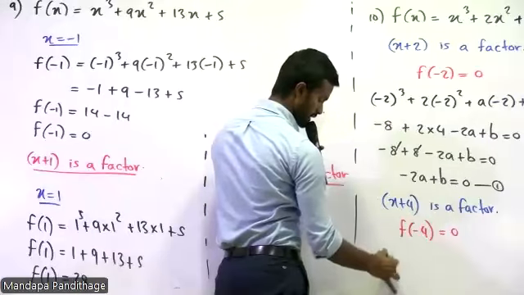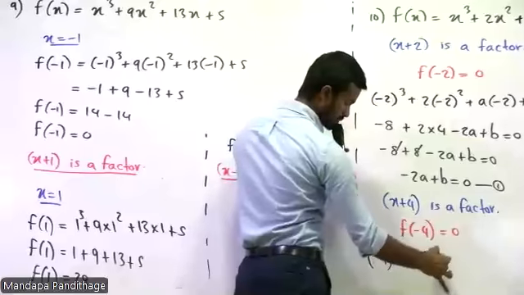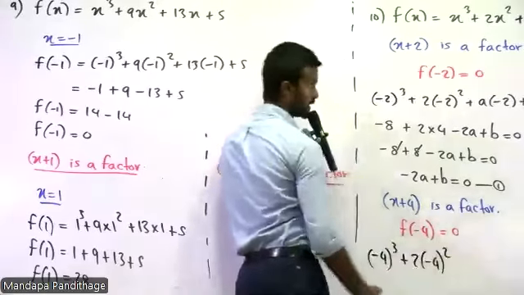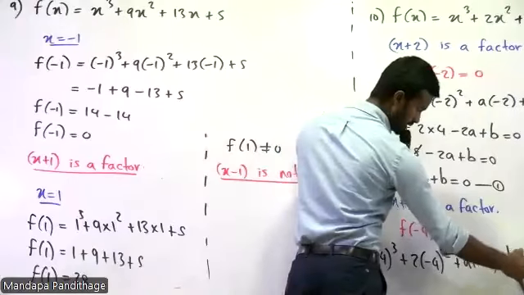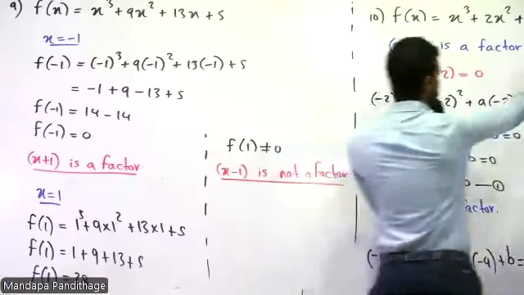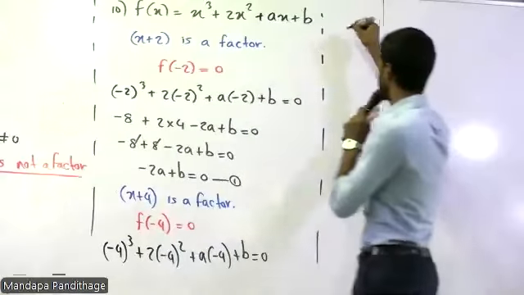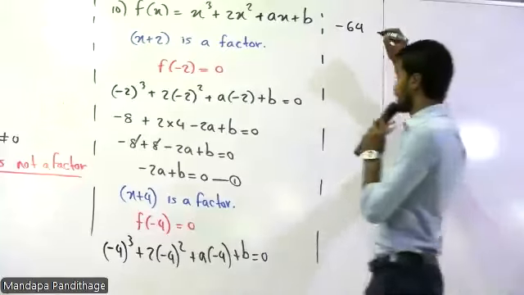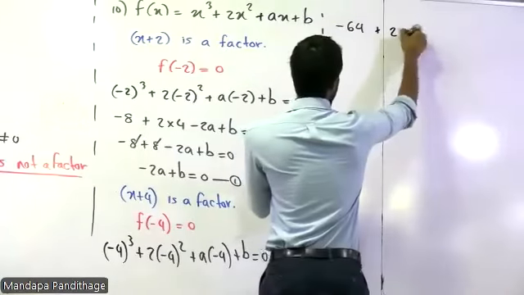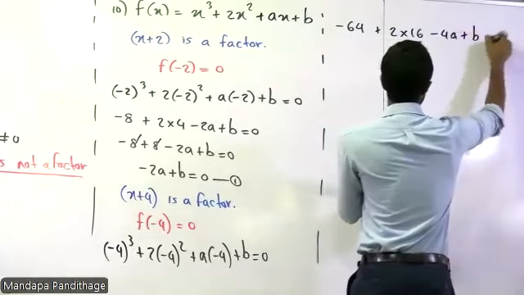Okay, then consider f(-4). It's (-4) cube plus 2 times (-4) squared plus a into (-4) plus b is equal to 0. Then it is a matter of simplification. 4 cube is 64, so it's minus 64. 2 into (-4) squared is 2 into plus 16, minus 4a plus b is equal to 0.